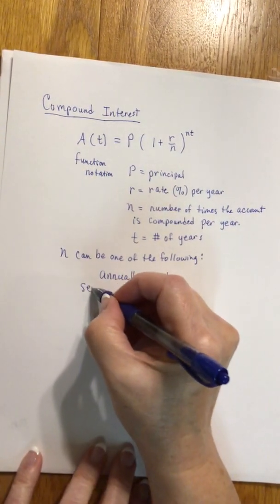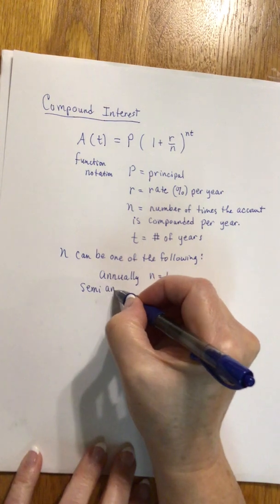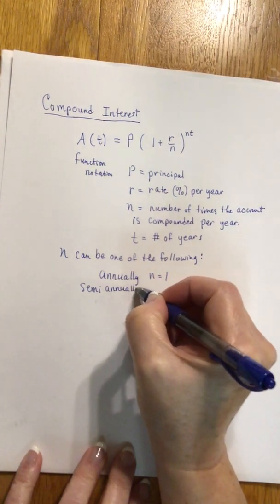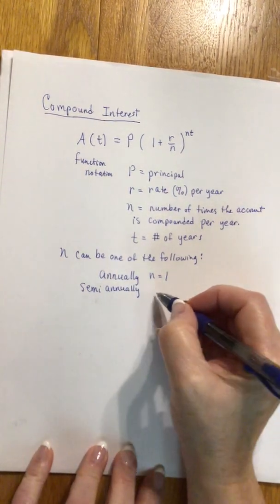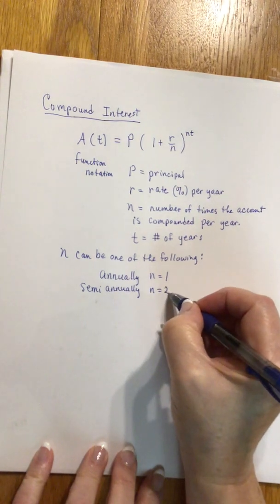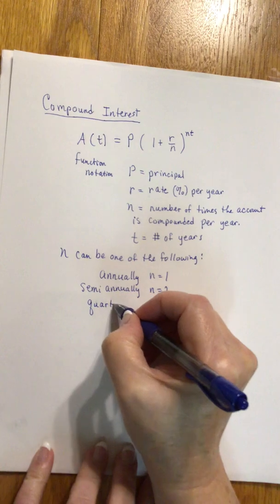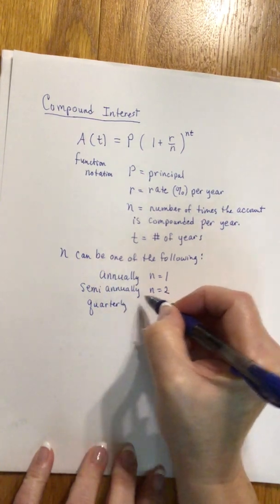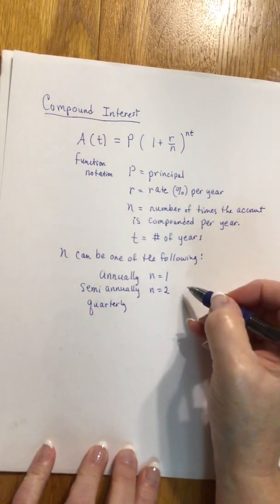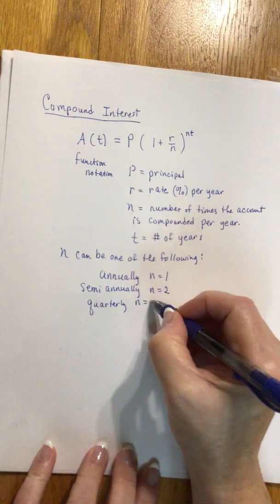Semi-annually, that's going to be n is 2 times per year. Now, this one should be pretty obvious. Quarterly, how many quarters are in a dollar? Quarterly is going to be n equals 4 times a year.